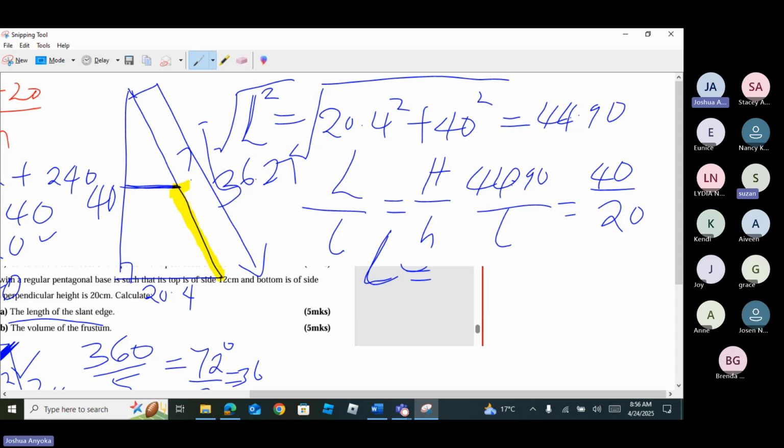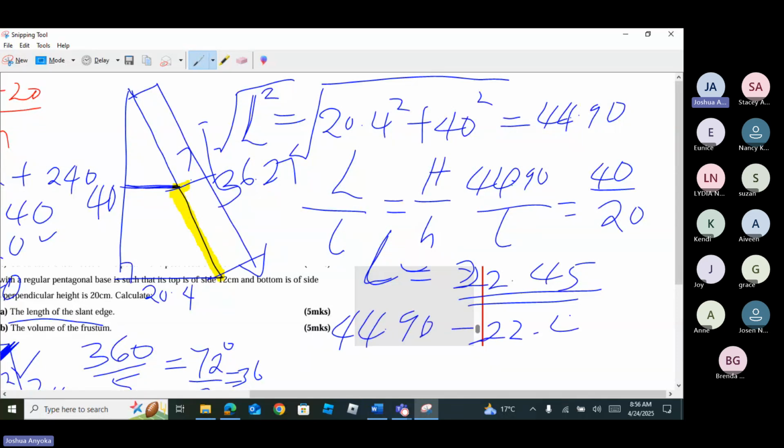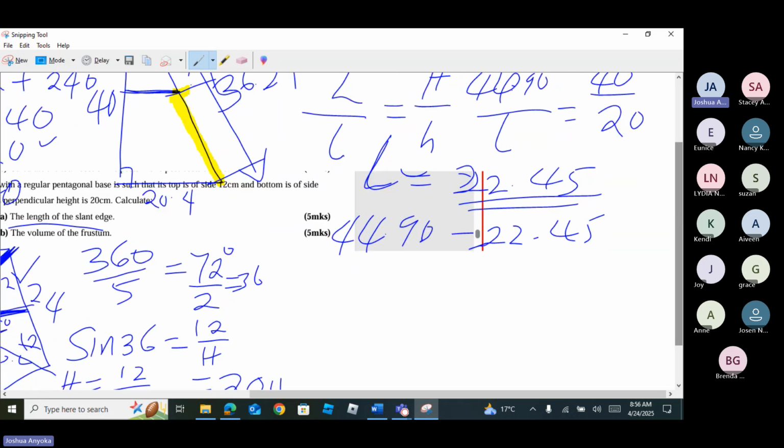.9 times 20 divided by 40. 22.45. Is that true? Yes. So now we want the slant height, the one that I've highlighted in yellow. It would be equal to 44.90 minus 22.45, which gives us 22.45.